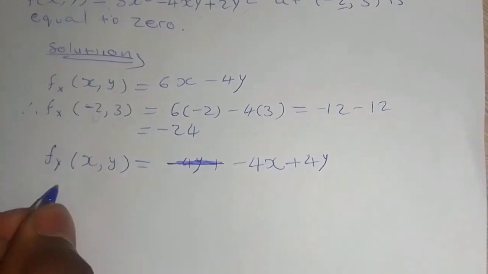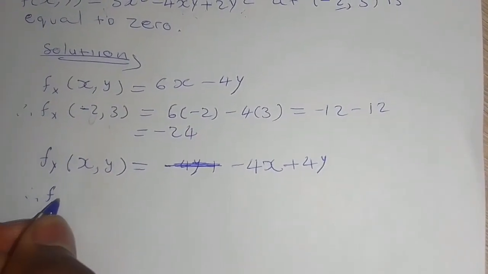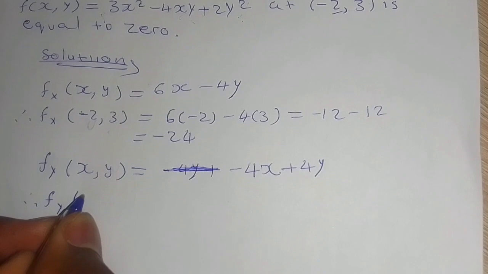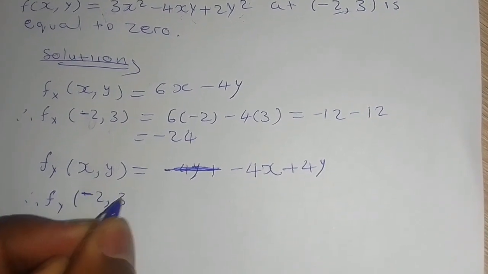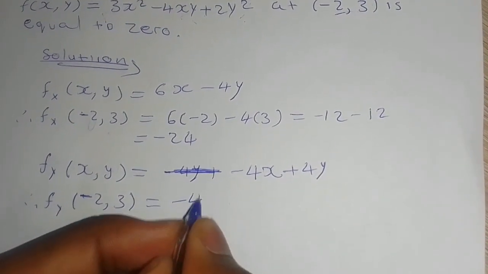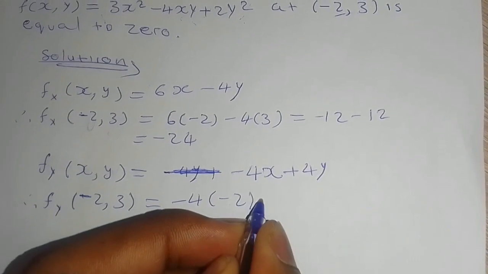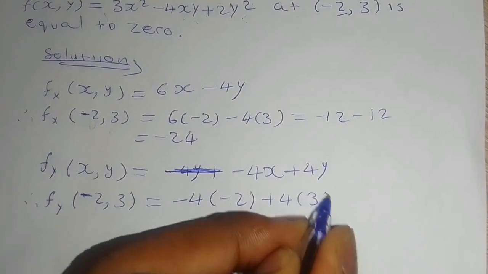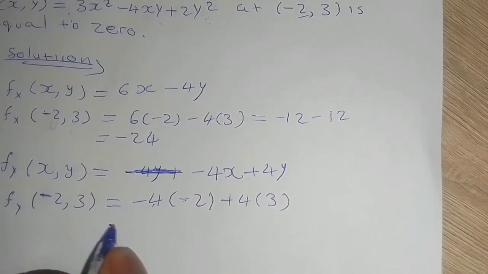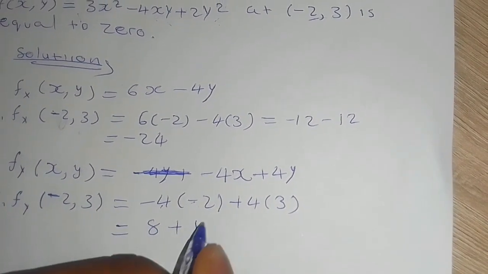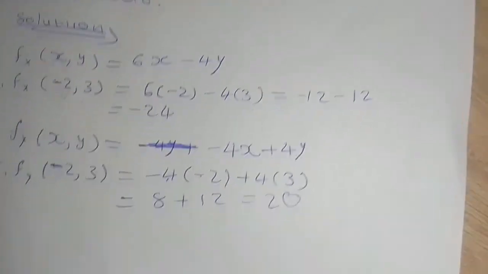That's the partial of f with respect to y, and we can evaluate that partial derivative at the point (-2, 3). That gives us -4 times -2 plus 4 times 3. The first gives us 8 and the second gives us 12, and that sums up to 20.